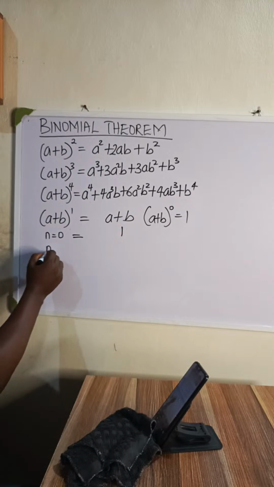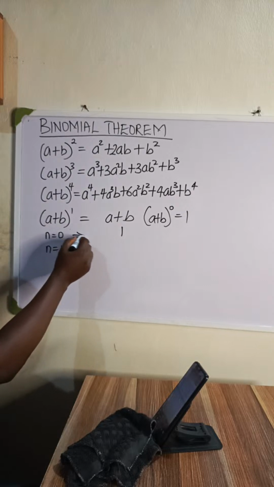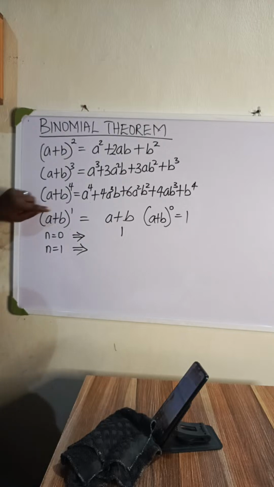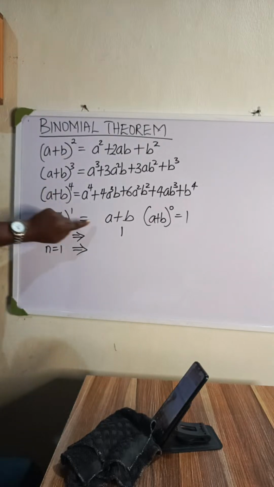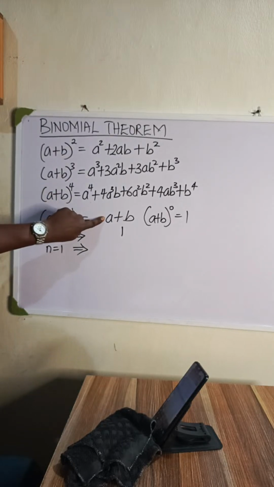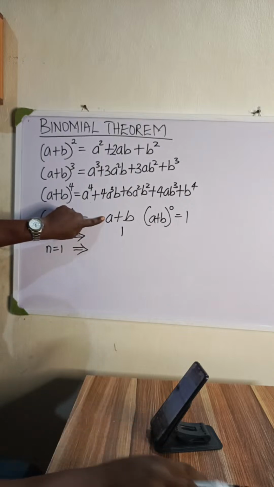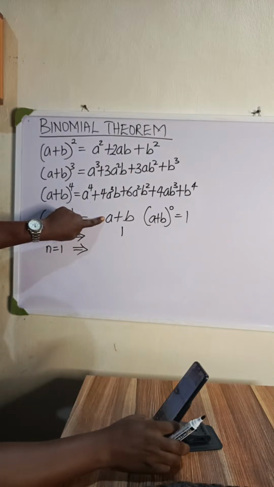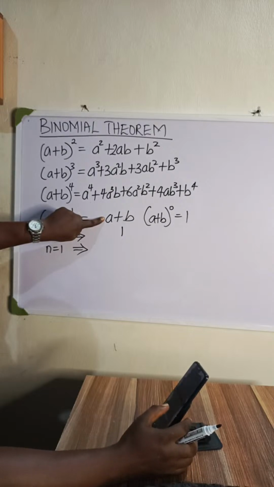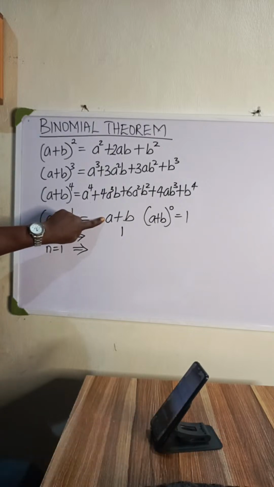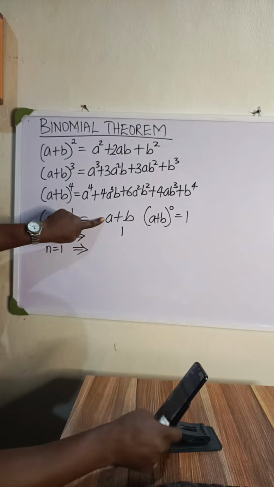When n is equal to 1, so here n is equal to 1, the coefficient of a here, who can tell us the coefficient of a? From YouTube, who can tell us the coefficient of a?